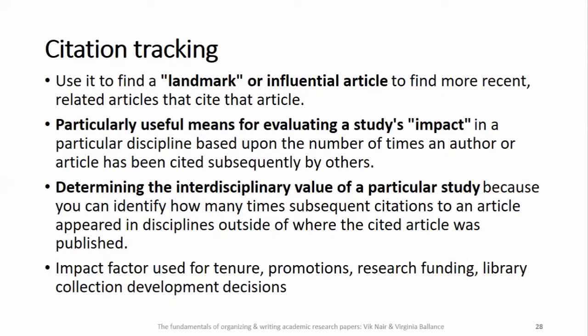And it will help you also determine if it's a study that was used in numerous fields. It's an interdisciplinary article based on where the article was quoted, in which other journals, in which other fields. So once you find a landmark article, you can see what they used to write the paper and then who's quoted from them.